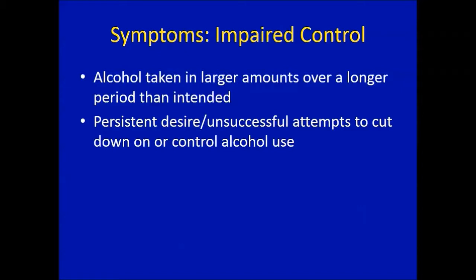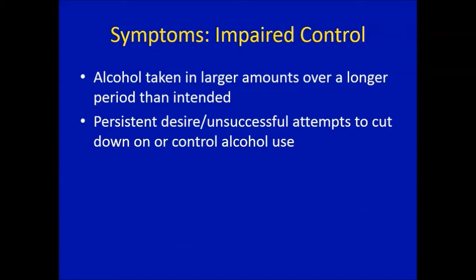Another way that this can be exhibited is by evidence of a persistent desire to cut down or control alcohol use, or unsuccessful attempts to decrease alcohol use or cease alcohol use. So this might be a person who wants to change their drinking behavior but is unable to, or a person who is repeatedly unable to make those kinds of changes.